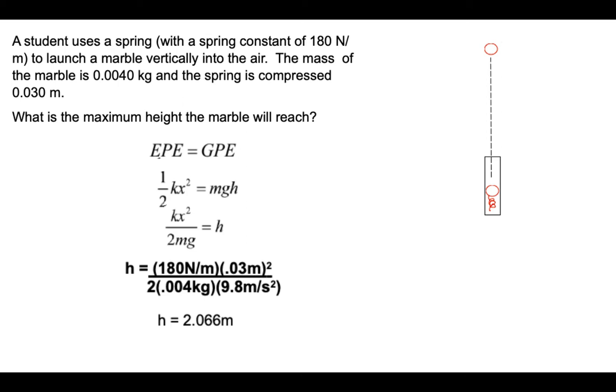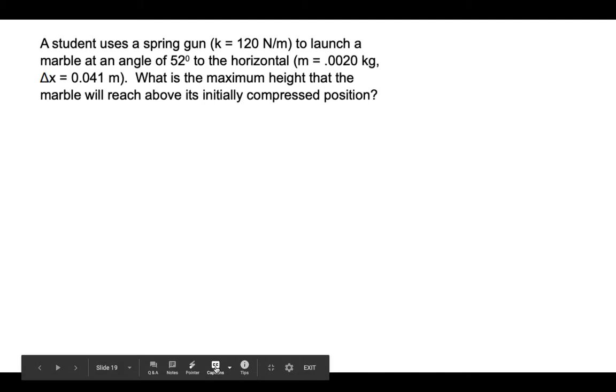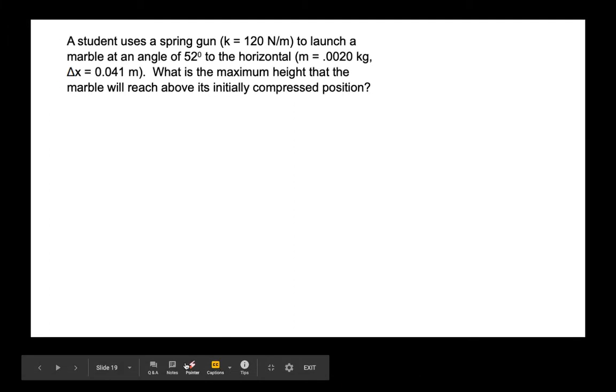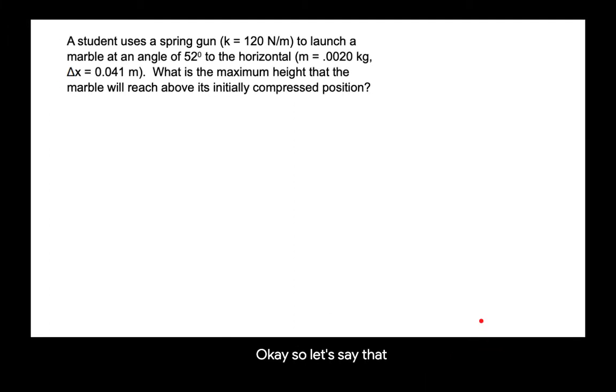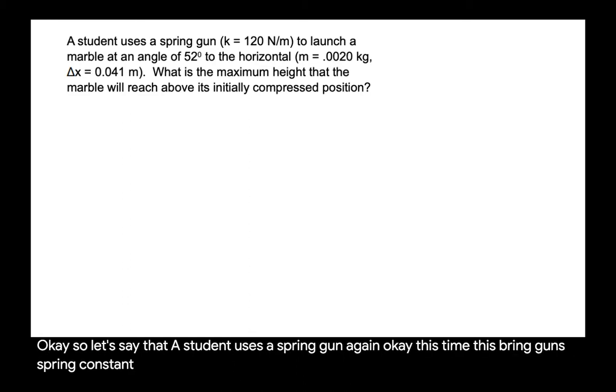All right, let's try one that's a little bit more difficult. Okay, so let's say that a student uses a spring gun again. This time the spring gun's spring constant is 120 newtons per meter.